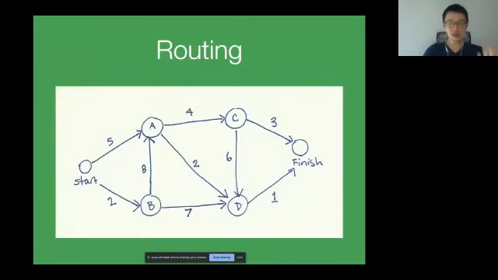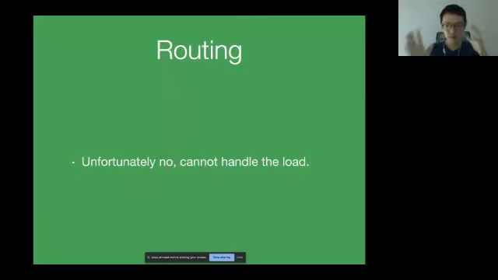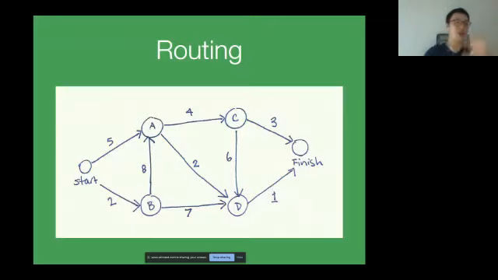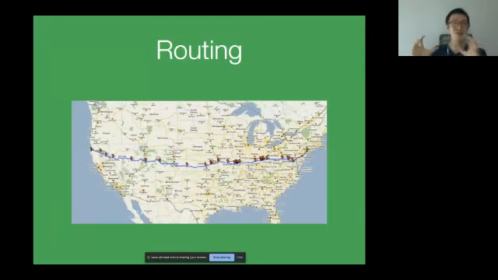This is an illustration of Dijkstra. Let's say this is a graph you have. You can just apply the algorithm and get the shortest path. But unfortunately, we cannot just implement Dijkstra in our production system, because this is the graph we use in illustration, but this is the graph we have to route on in the real world.